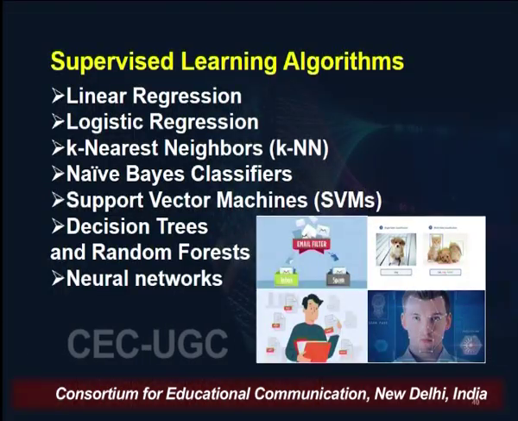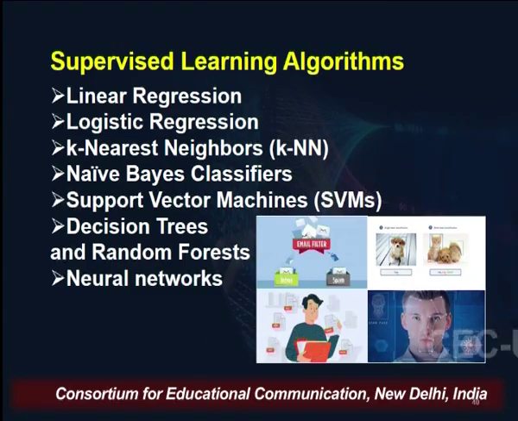So many examples of classification, right. And there are many algorithms that fall into the category of supervised machine learning algorithms: linear regression, logistic regression, nearest neighbor, naive Bayes, support vector machine, decision trees, random forest, and neural networks. So a good number of algorithms are put into this particular category, right.